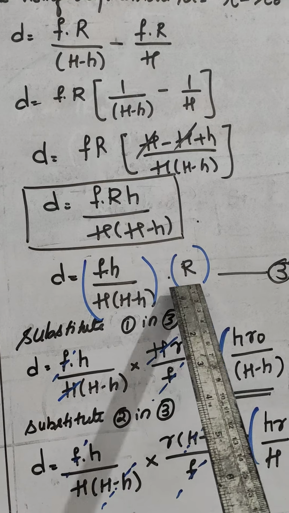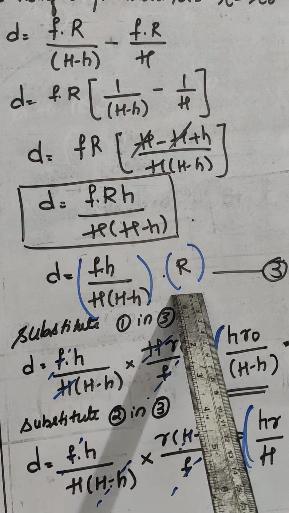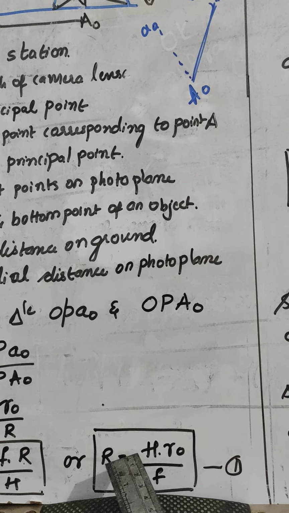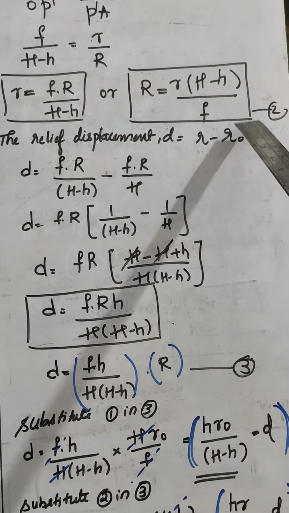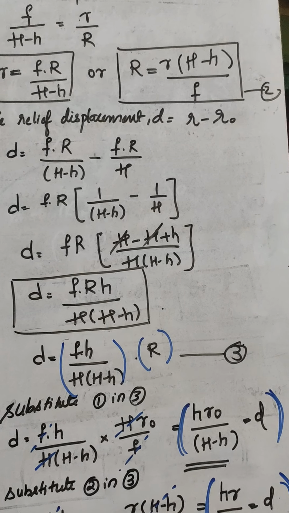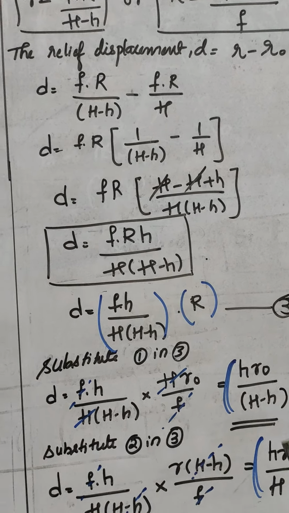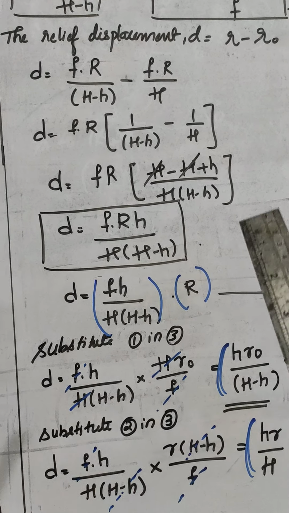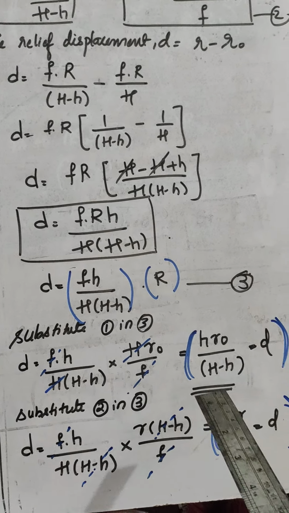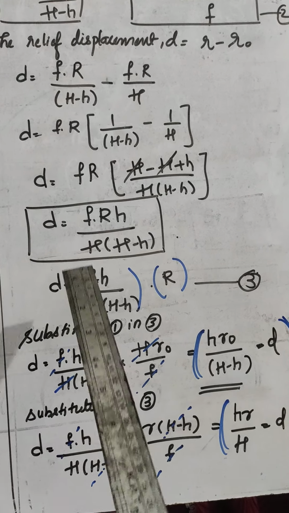We have found equation 1 and equation 2 values for capital R. This is the capital R value taken as equation 1, and this is one more capital R value taken as equation 2. For this equation 3, we substitute both equations 1 and 2, and we get the final value, that is this equation itself.